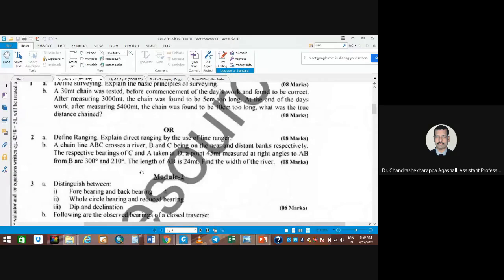The length of AB is 24 meters. Find the width of the river. To find the width of the river, you have to calculate all these things, right?